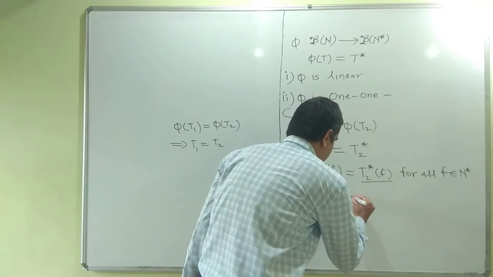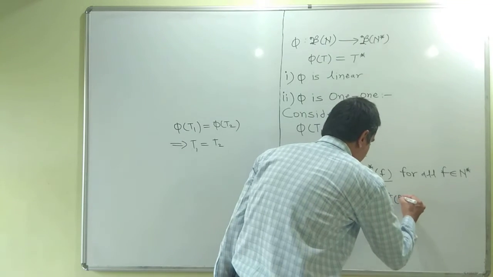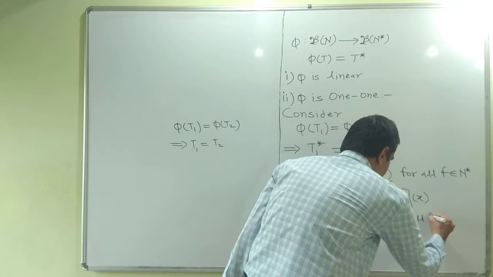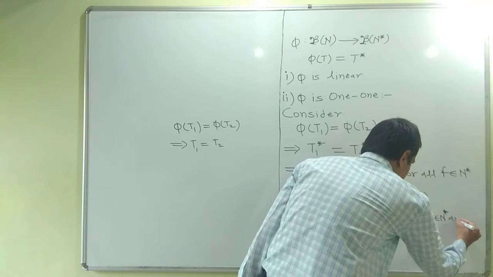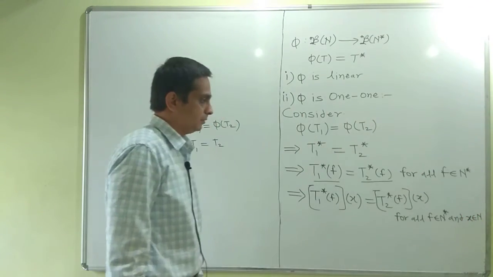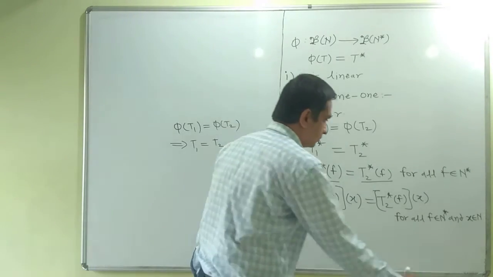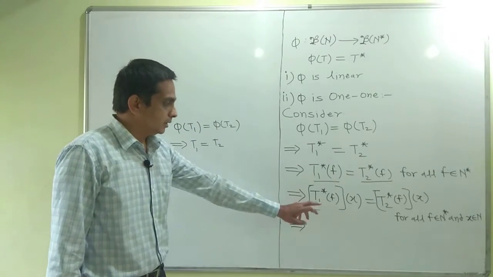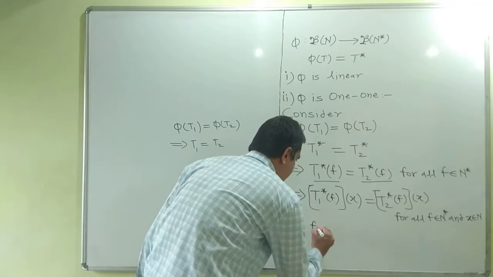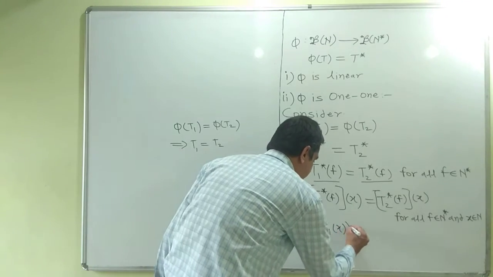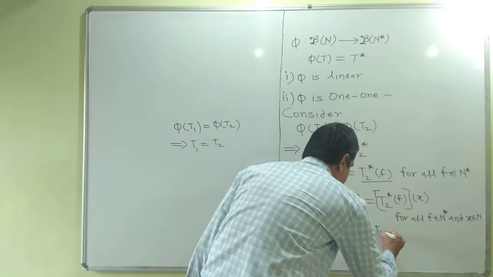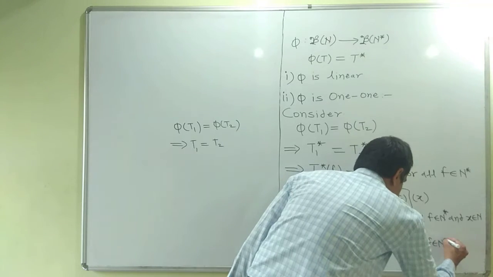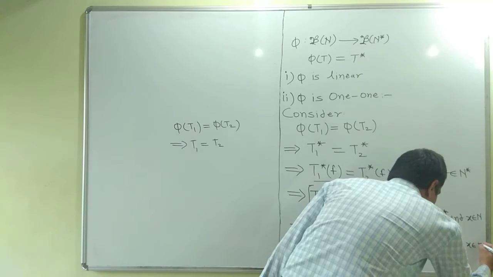So T1 star of f evaluated at x is equal to T2 star of f evaluated at x for all f in N star and x belongs to N. This holds for all functionals f and all vectors of N. By definition of the conjugate operator, we can write this as f of T1x equals f of T2x for all f belongs to N star and x belongs to N.